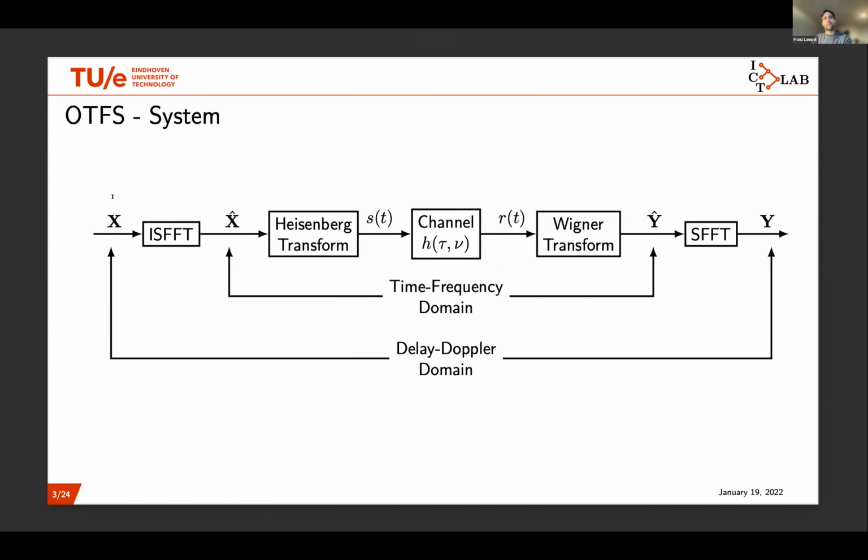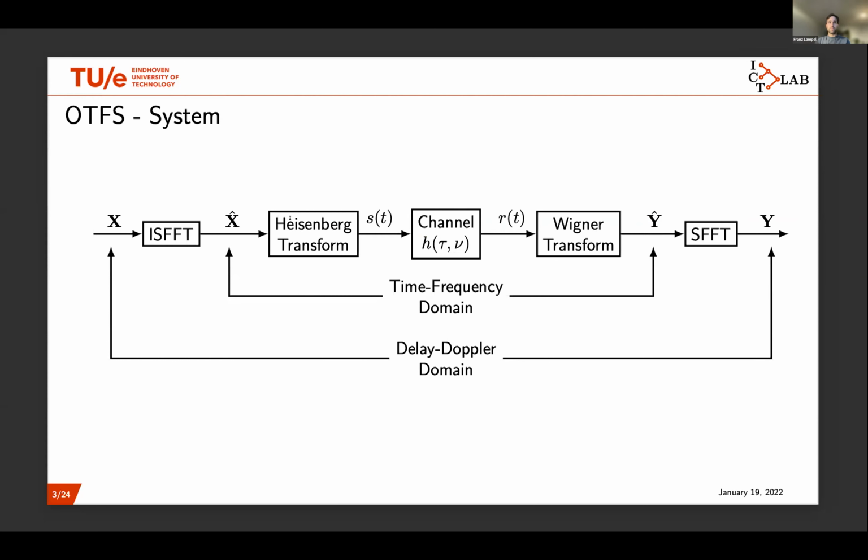So how is OTFS typically described? In OTFS, typically you define the symbols in the delay Doppler domain. Then you apply a so-called inverse symplectic finite Fourier transform. This is a two-dimensional Fourier transform which maps the symbols defined in the delay Doppler domain to the time frequency domain. The symbols in the time frequency domain are then mapped to the time domain using this Heisenberg transform.